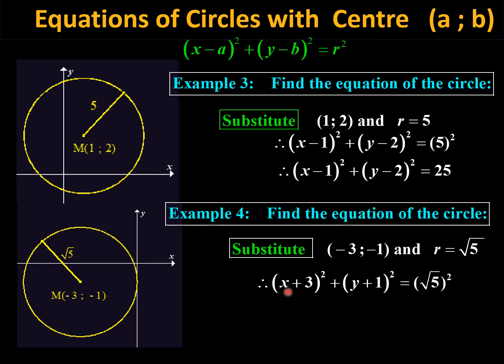So that's (x plus 3) all squared plus (y plus 1) all squared, and root 5 squared becomes 5. You can leave your equation in this form unless they require it in another form. (x minus a) all squared plus (y minus b) all squared equals 25.